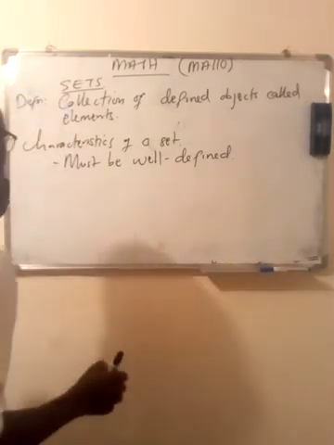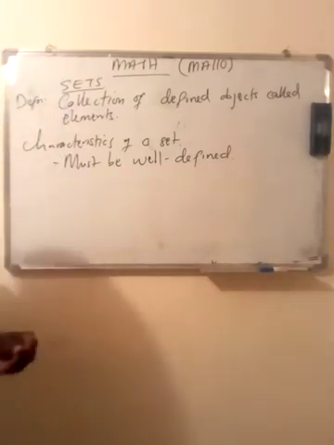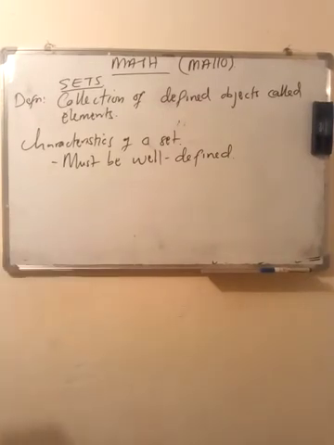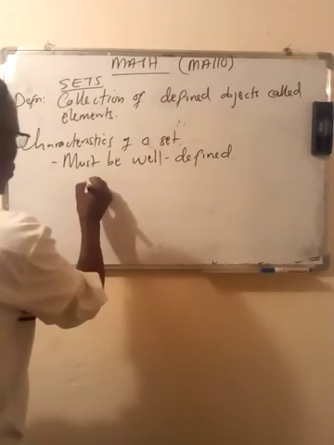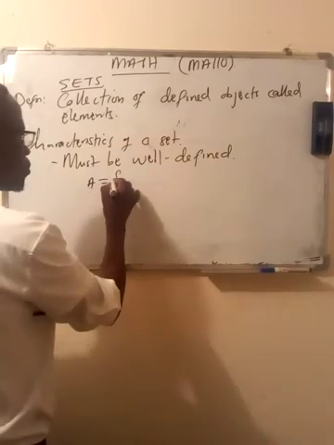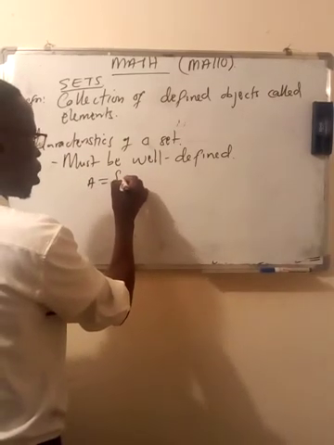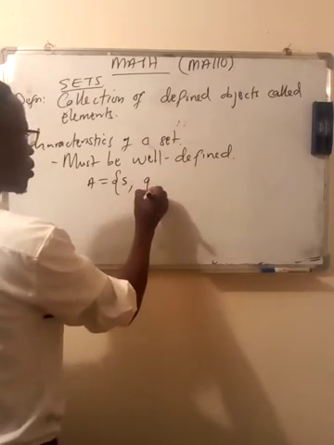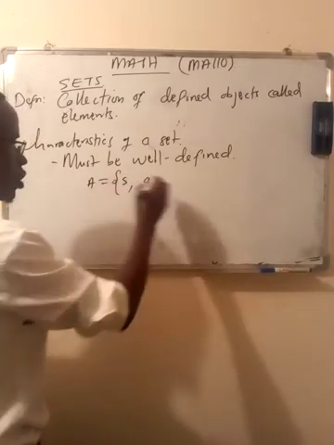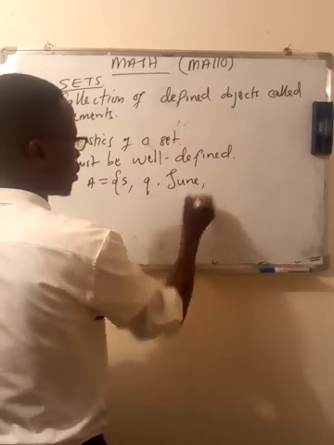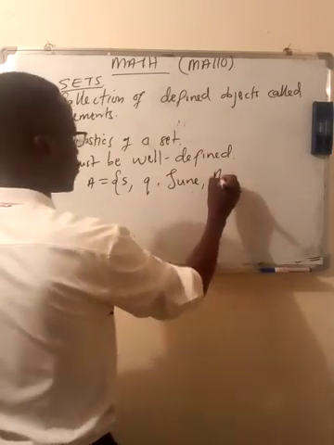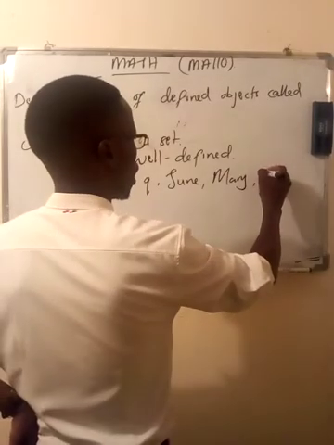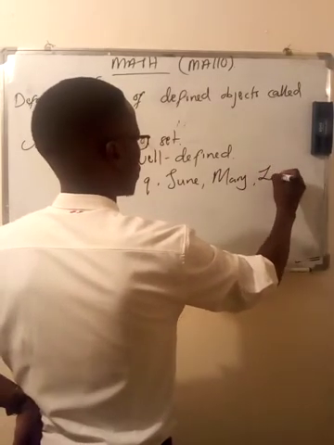Let's say we have set A, which has 5, Q, June, Mary, Zambia, and Cape Town.